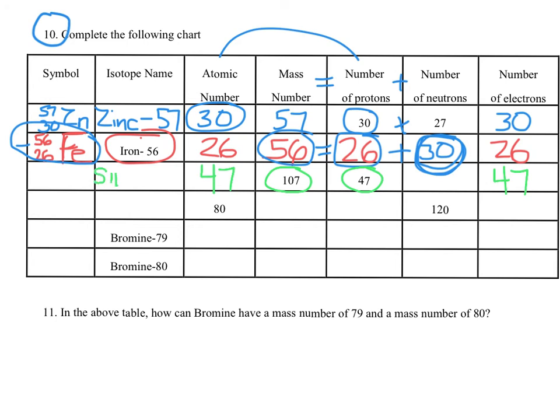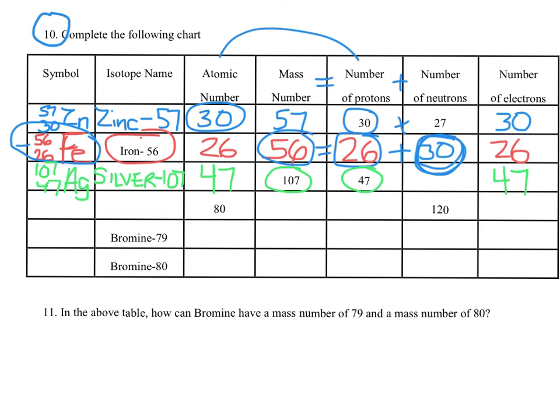So now I know that my element is silver, and since I know its mass number, I'm going to put 107 afterwards, silver 107. Now, from the periodic table, I know silver is Ag, so I can use that for my symbol. I'm going to put the mass number on top and the atomic number on the bottom, 107 over 47.